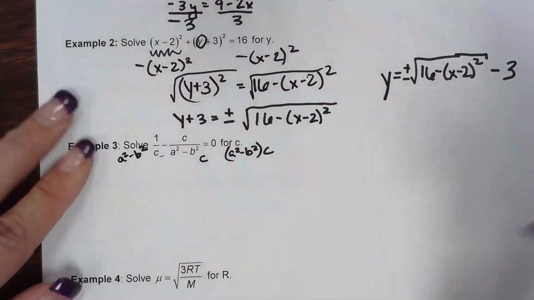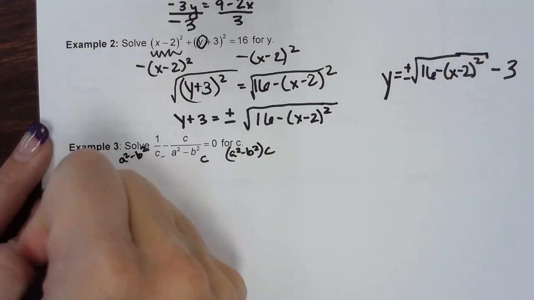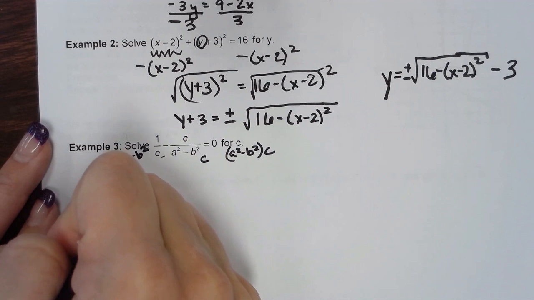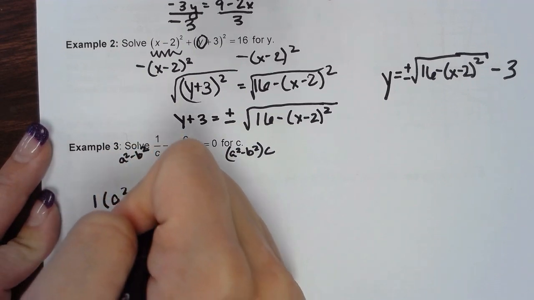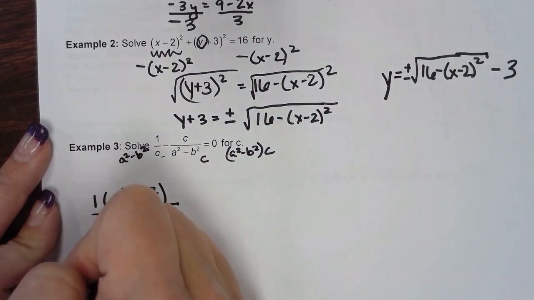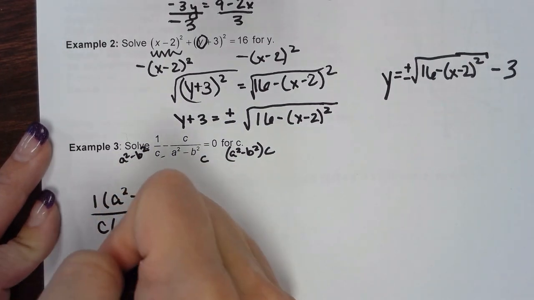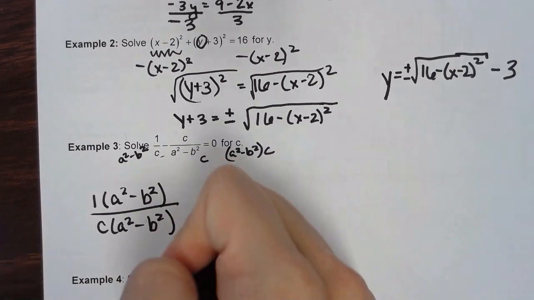But we also know whatever we did in the bottom, we must do to the top. So I have 1 times a squared minus b squared all over c times a squared minus b squared. That's that first term.